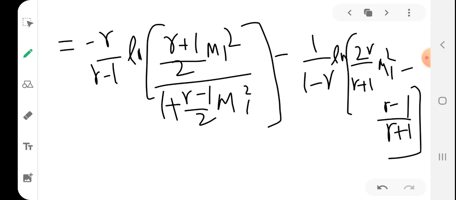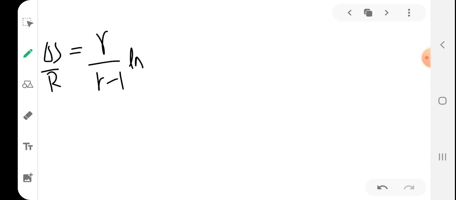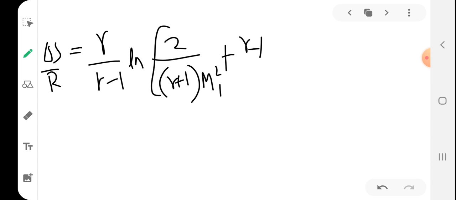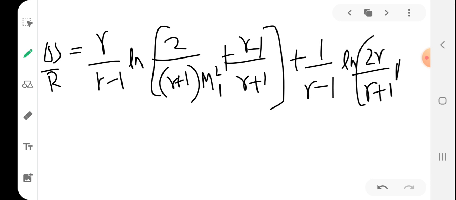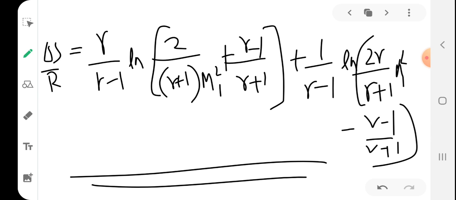You could simplify this to delta S by R equal to gamma by gamma minus 1 log of 2 by gamma plus 1 M1 square plus gamma minus 1 by gamma plus 1, plus 1 by gamma minus 1 log of 2 gamma by gamma plus 1 M1 square minus gamma minus 1 by gamma plus 1. So this is the simplified form.